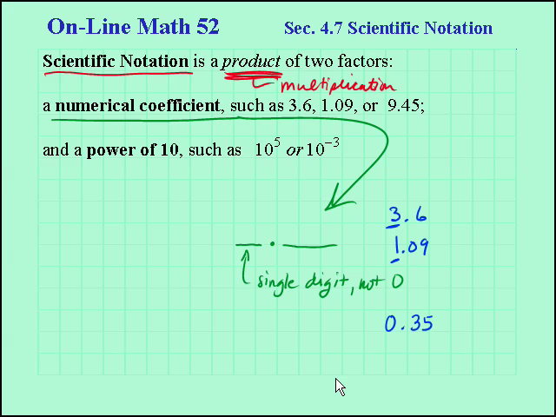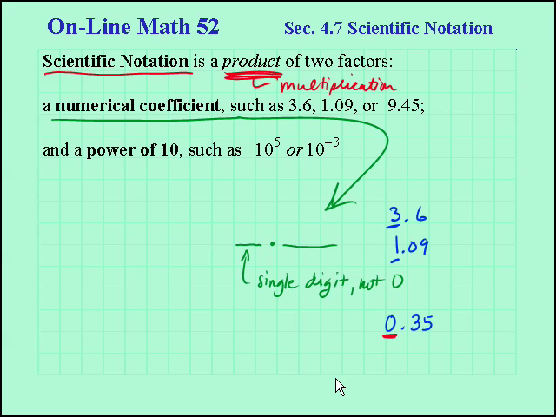Well, it can be a numerical coefficient, but it's not in proper form, because this here is 0, which means we need to adjust it if we want it to be the numerical coefficient in scientific notation. We'll have to adjust it to 3.5, because then the decimal point is right there, and we have a lead whole number digit that's just a single digit.